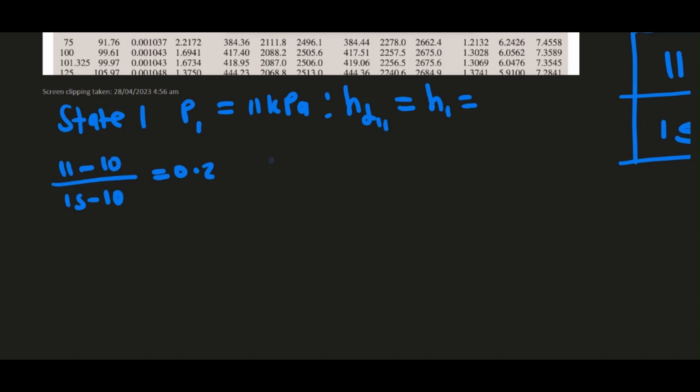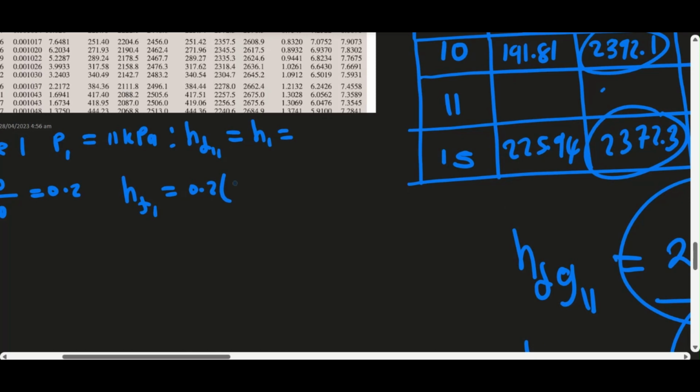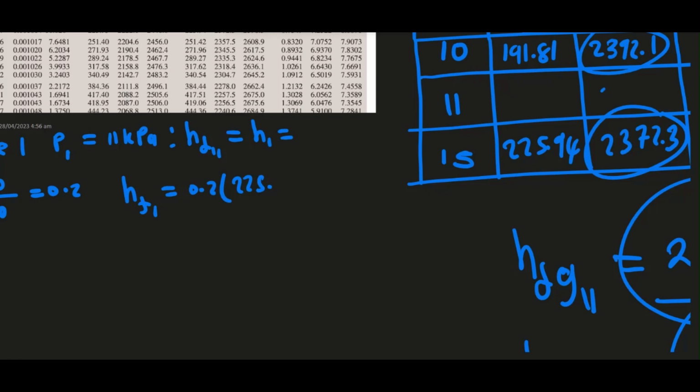Therefore HF1 is equal to 0.2 multiplied by 225.94 minus 191.81, plus 191.81.